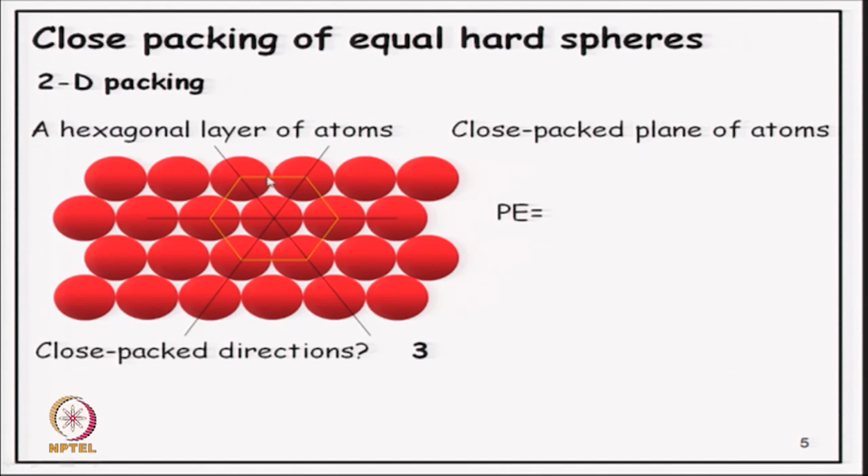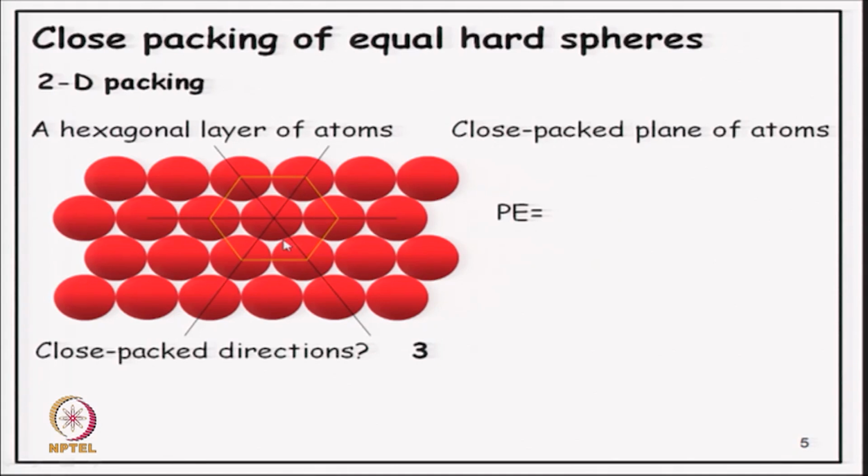Each sphere, 1/3 part of each sphere is inside the hexagon. So, 1/3 times 6 corners gives you 2 spheres, effectively 2 spheres from the corners and 1 sphere from inside. So, there are totally 3 spheres inside this hexagon.